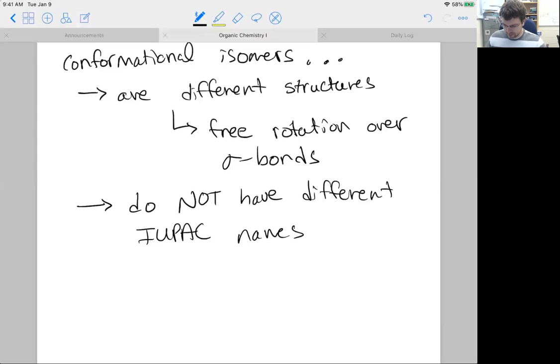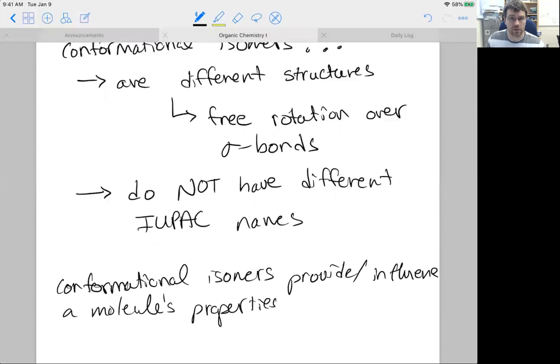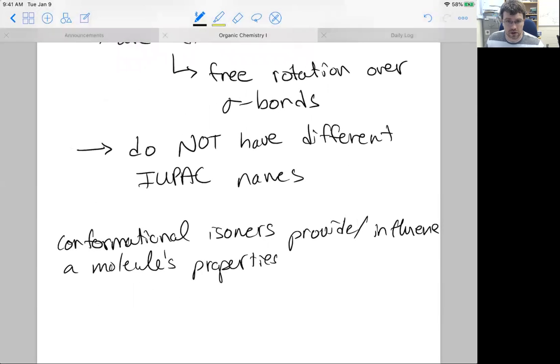The other reason why conformational isomers are important, speaking more broadly beyond this class, is that conformational isomers provide or influence a molecule's properties. We've talked a lot about what we would call small molecules, and that's very useful to start with.